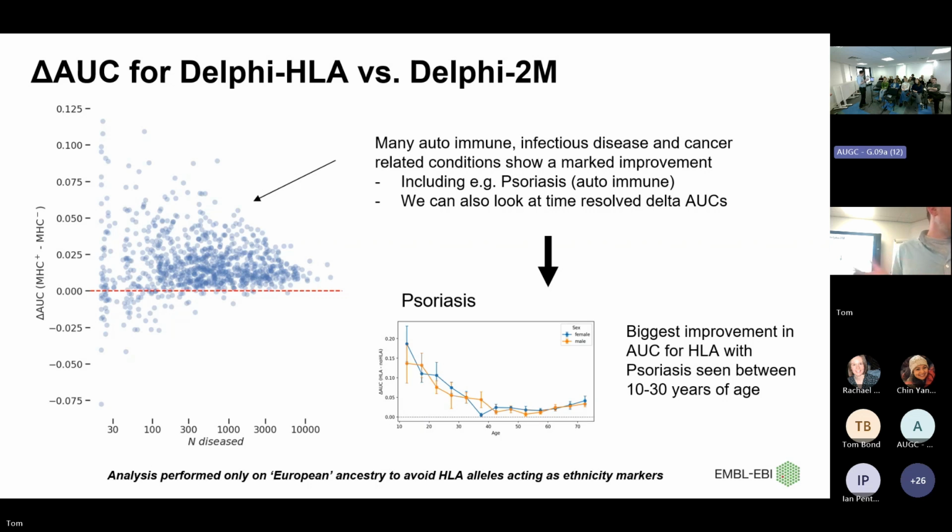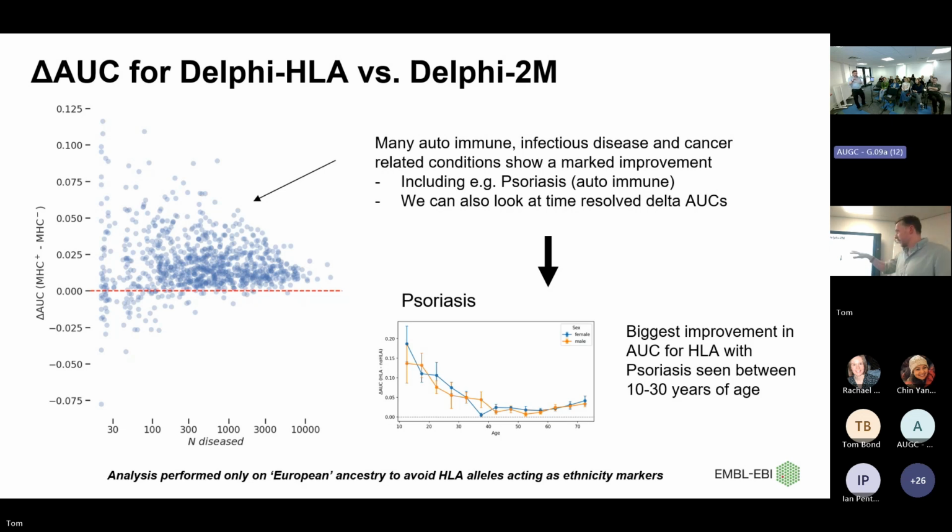We were quite happy, or surprised actually, to see that it makes quite a difference to the predictive performance across the board. But when you look at those diseases which have the biggest impact from the inclusion of HLA, they're very much enriched for infectious disease, autoimmune conditions, and cancer, which makes a lot of sense biologically speaking.